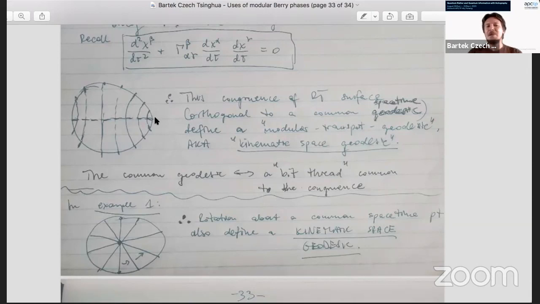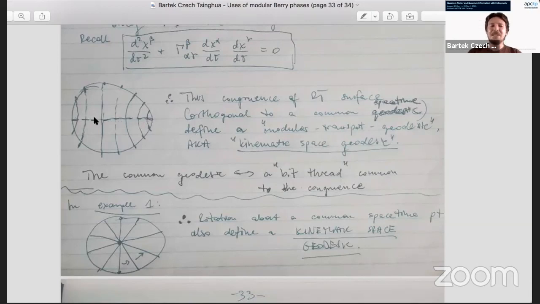I haven't talked about bit threads at all, but those of you who have followed developments about the importance of entanglement for the emergence of AdS geometry have surely heard about the bit thread picture of the Ryu-Takayanagi proposal.